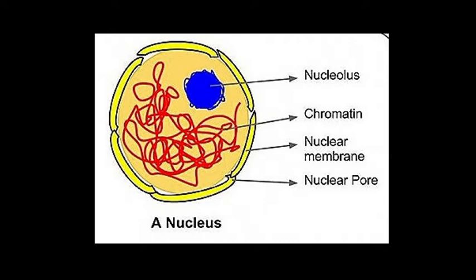If you have to define chromatin in one line, it is a thread like structure which serves as the genetic material present inside the nucleus of the cell. Chromatin is made up of DNA and protein molecules.